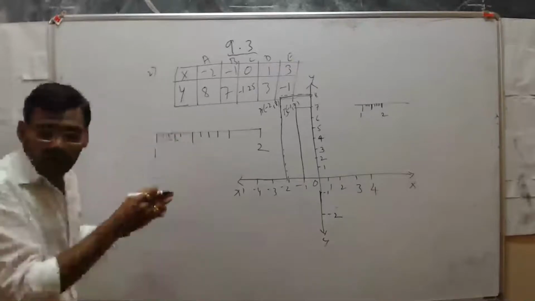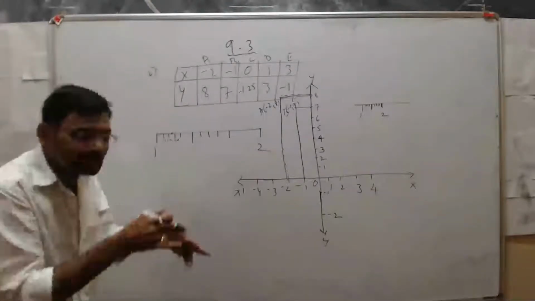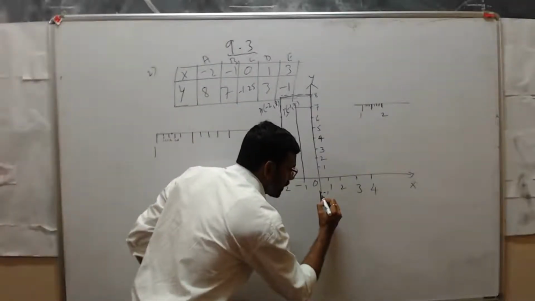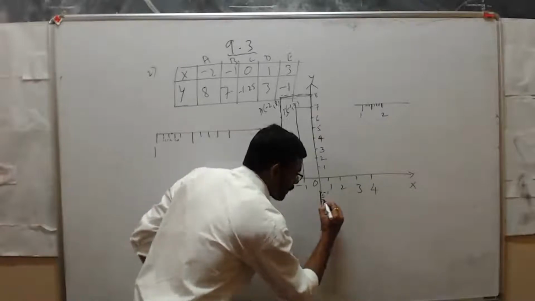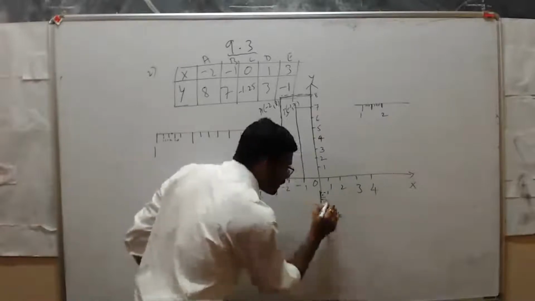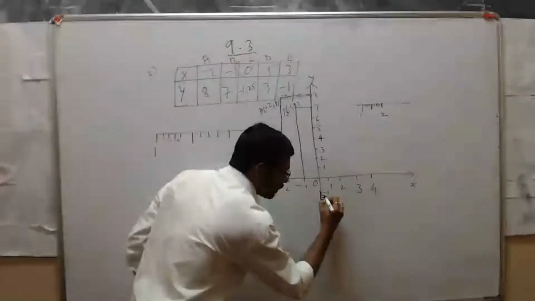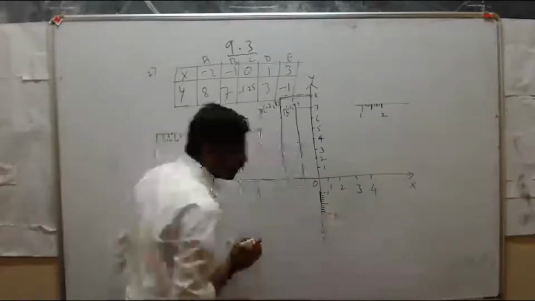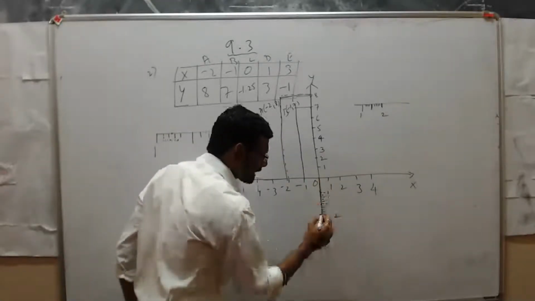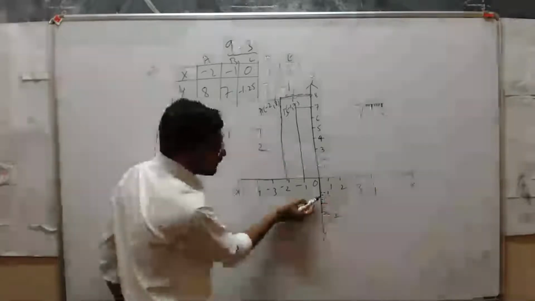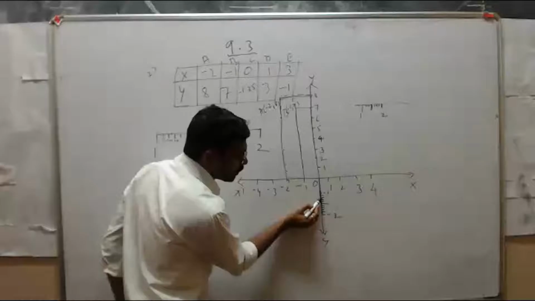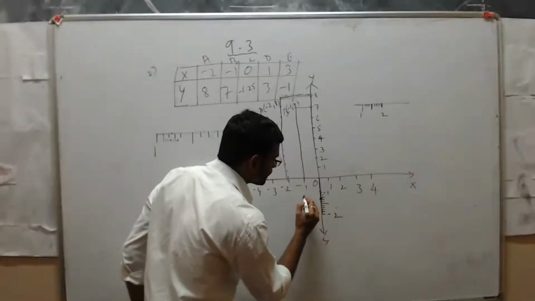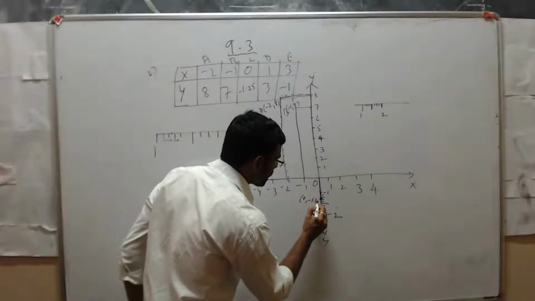Therefore the point is here, and it is considered as 0 comma minus 1.25.